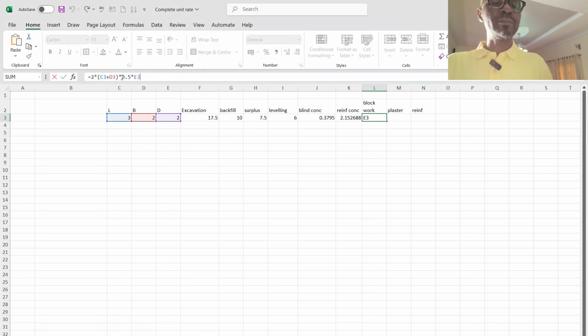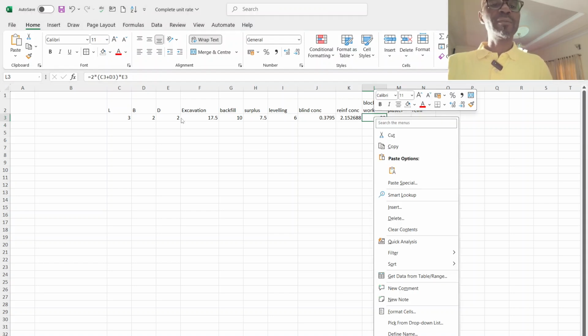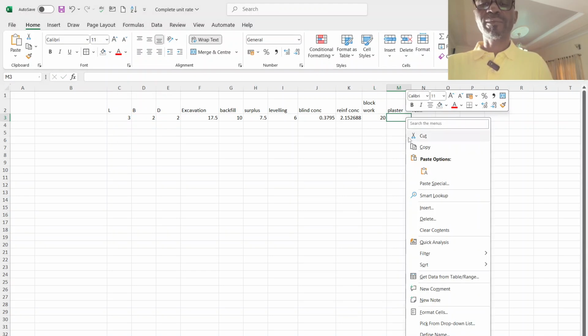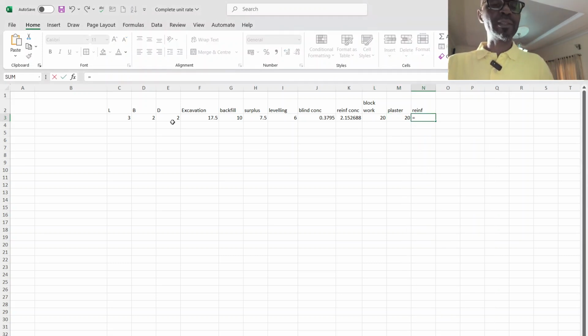Block work is 2 times this by the same thing. I copy this for plastering. Then reinforcement, I just pick this.